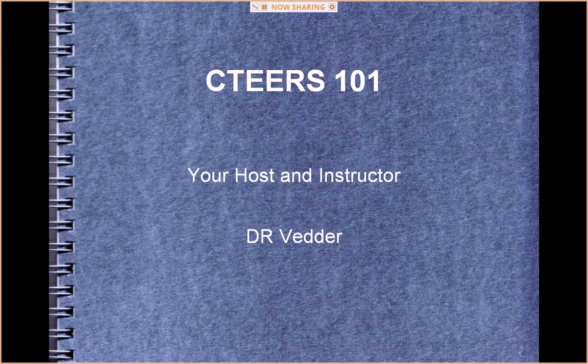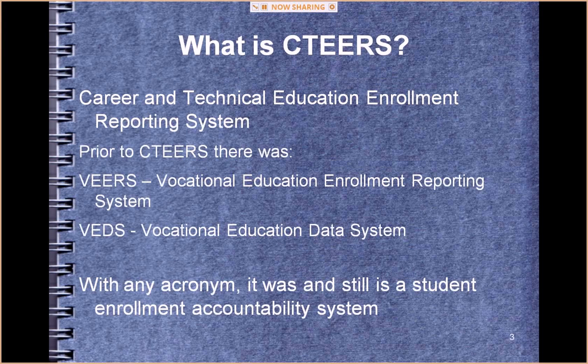So I like to call this CTEERS 101. It's just a basic overview of CTEERS, and of course take your questions and I'll try and answer them for you. What is CTEERS? CTEERS is a career and technical education enrollment reporting system.